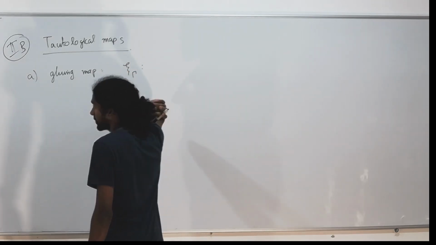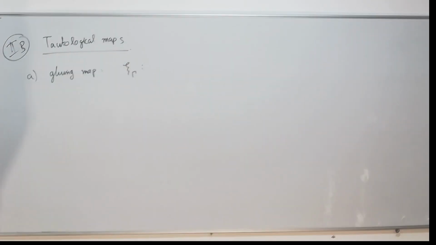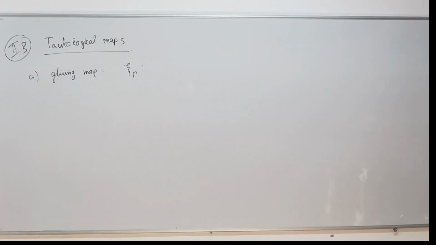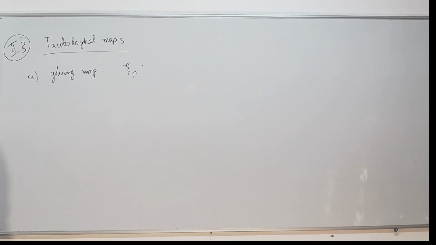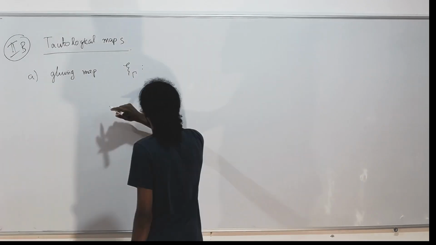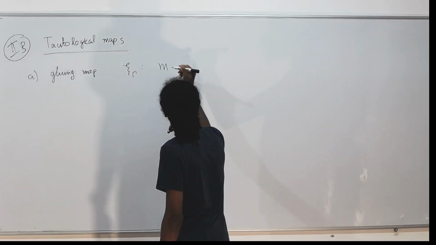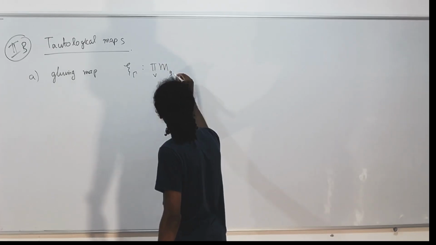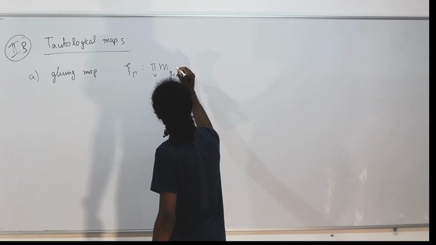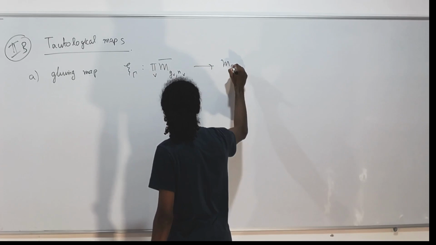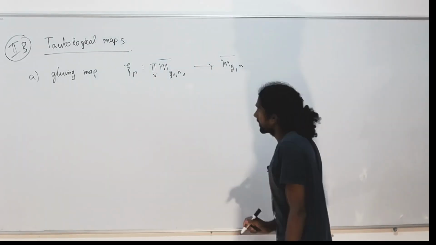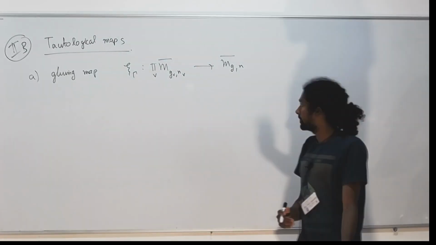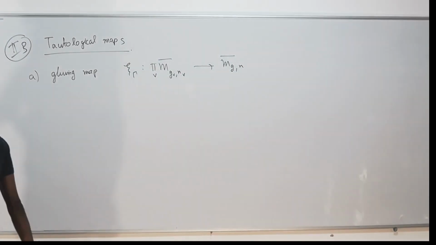So again, I take a stable graph of type (g,n). The gluing map is a map that basically glues. Remember that you do keep track of the marked points.